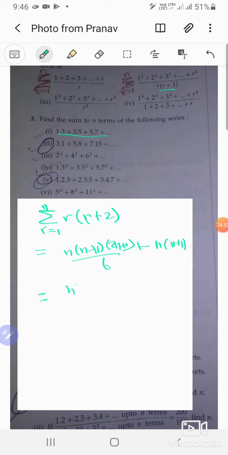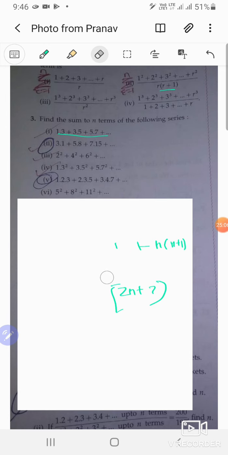It's supposed to be n into n plus 1 upon 6. We take that common, and we got 2n plus 1 plus 6, which is 2n plus 7. That's it. So it's supposed to be 1 into 3 plus 3 into 5, but fine.